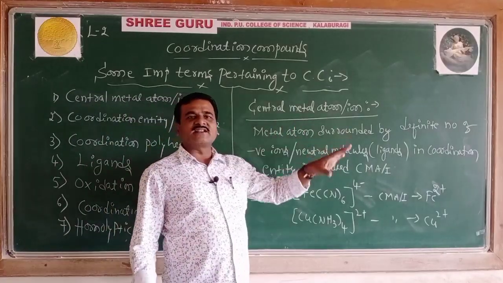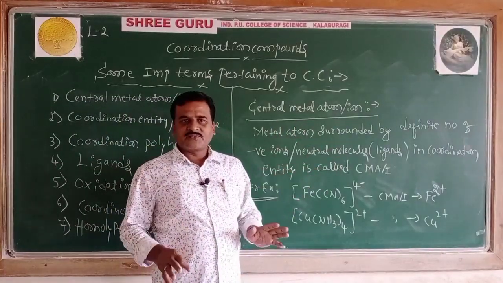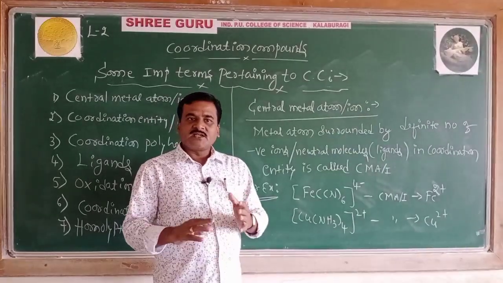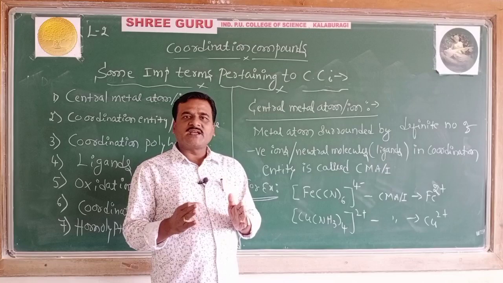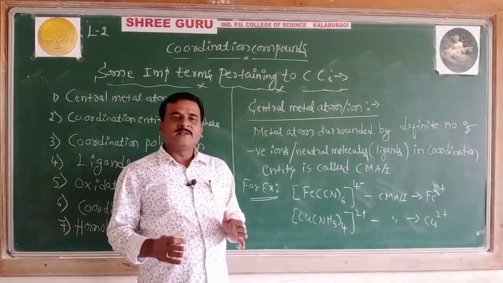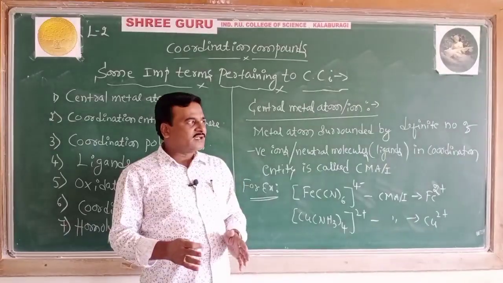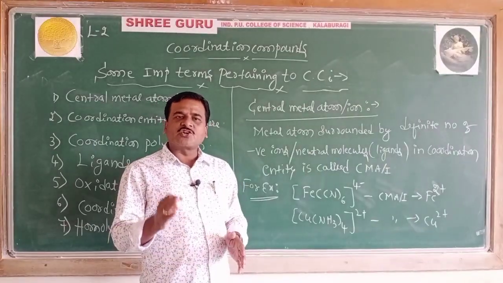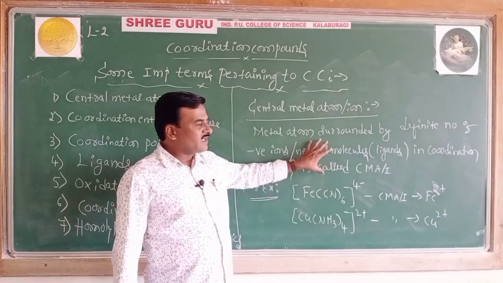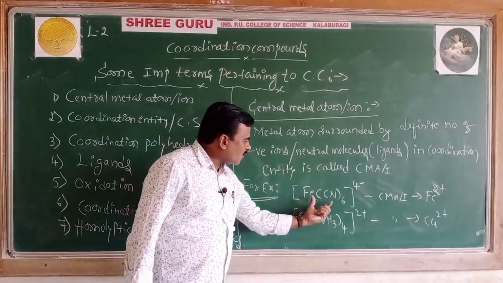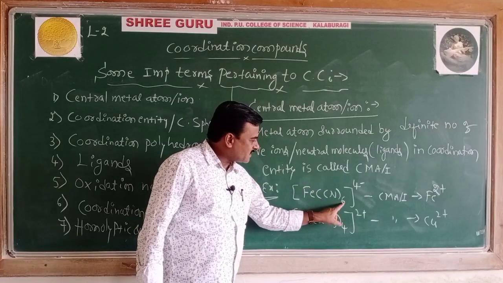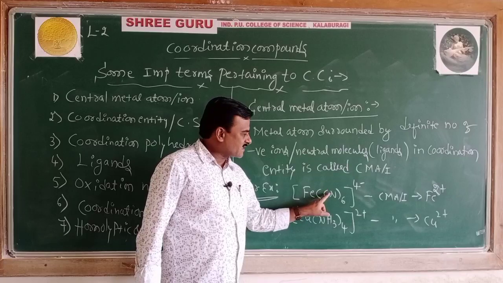So this is regarding the central metal atom. I conclude, what is a central metal atom? A metal atom surrounded by a fixed number of ligands, negative ions or neutral molecules, in the coordination entity. In the first coordination entity, Fe2+ is surrounded by 6 cyanide ions, which are anions.